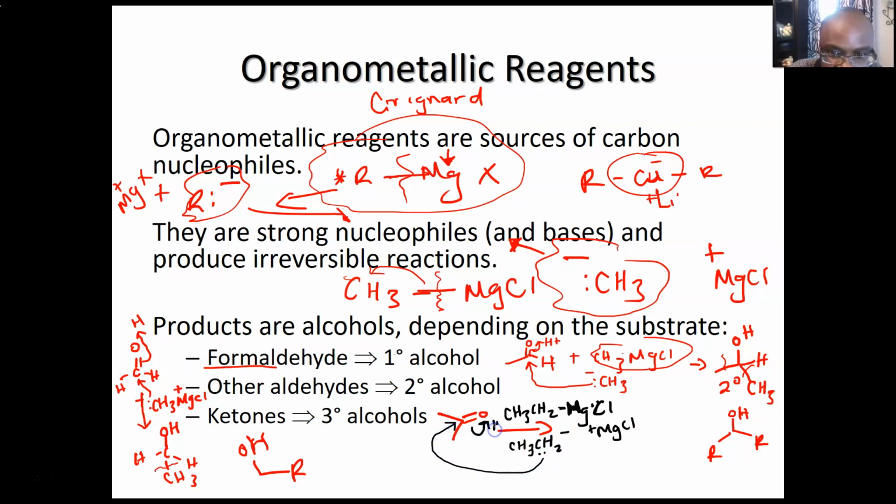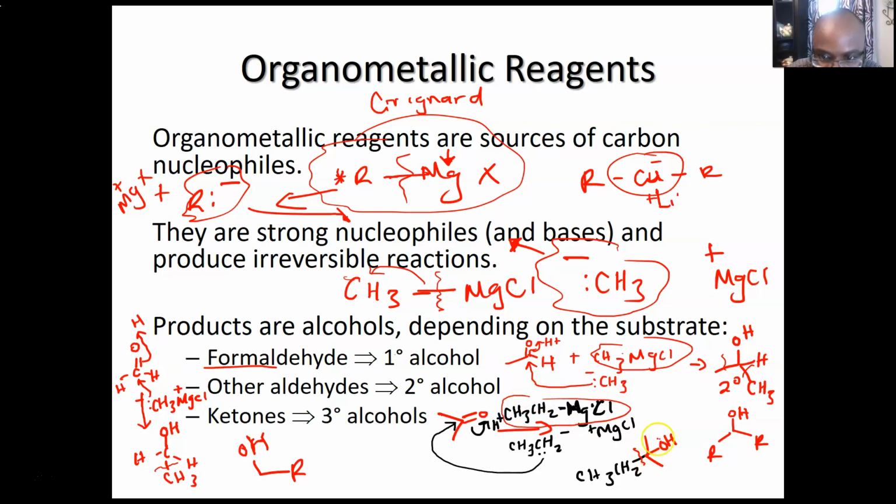This opens up, picking up a hydrogen, so I will get my CH3CH2 bonded to, I'm just trying to draw the product, the carbon bearing the two methyls and the oxygen picking up a hydrogen. So this part in red used to be our acetone. This part came from our Grignard reagent.